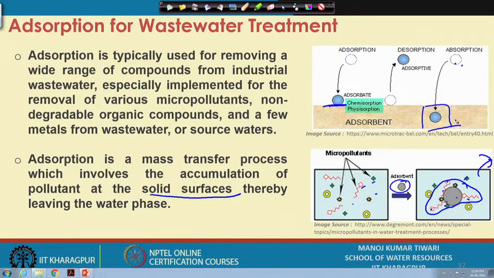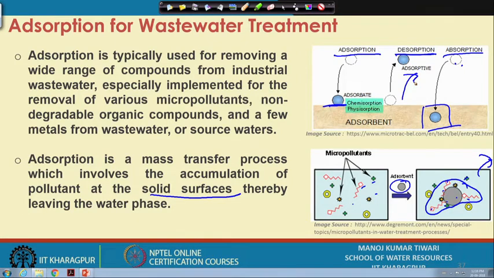If something which is adsorbed gets back into the water phase, we call that process desorption. So, the particle attaching to the surface of the adsorbent is adsorption; when it enters into the body of the media, it is absorption; and desorption is the reverse of adsorption, where something attached to a solid surface gets back into the water phase.